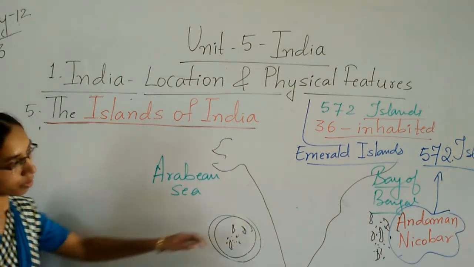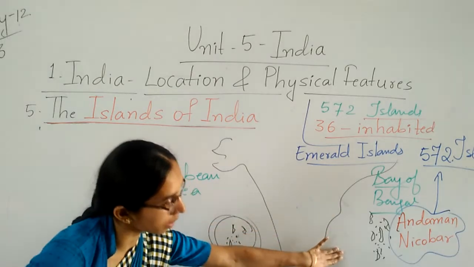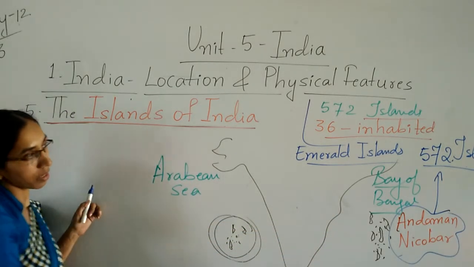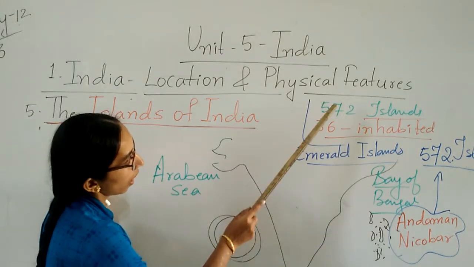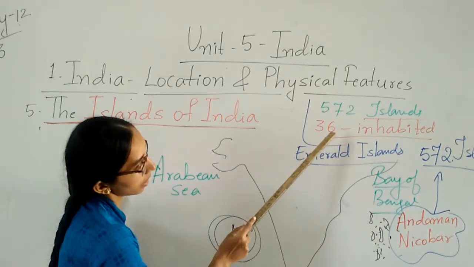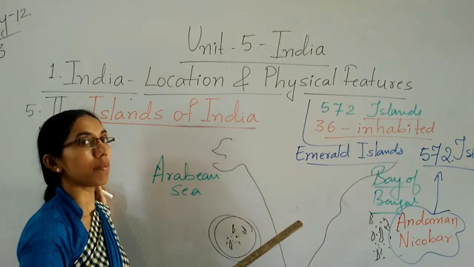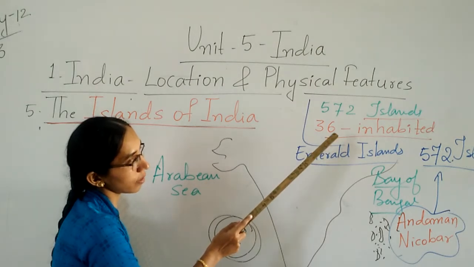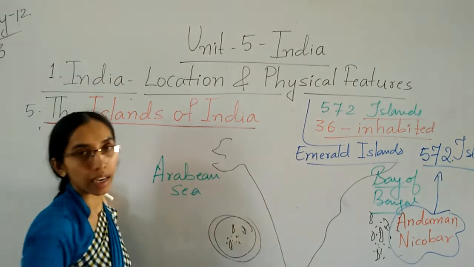Okay children. So this is only about the Andaman and Nicobar. Andaman and Nicobar together, this group has the 572 islands. In that 36 are inhabited where the people are living. So these islands are also called the Emerald Islands.